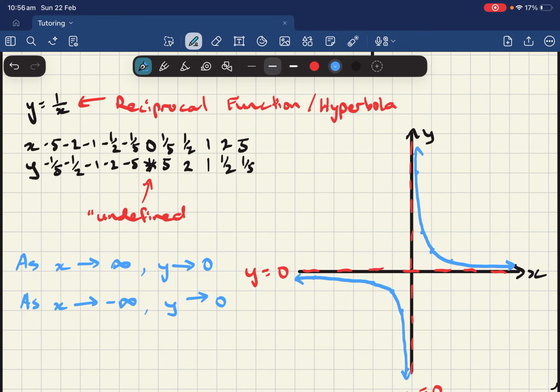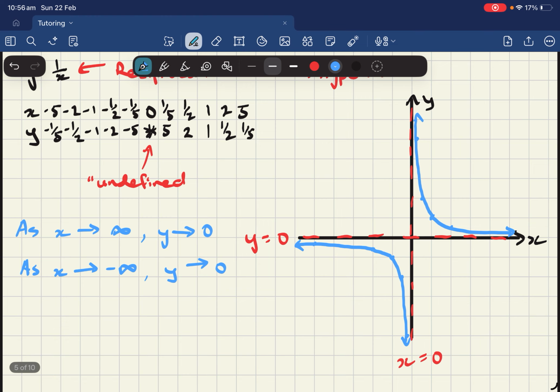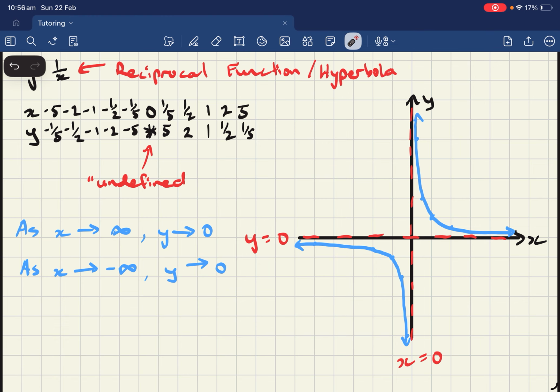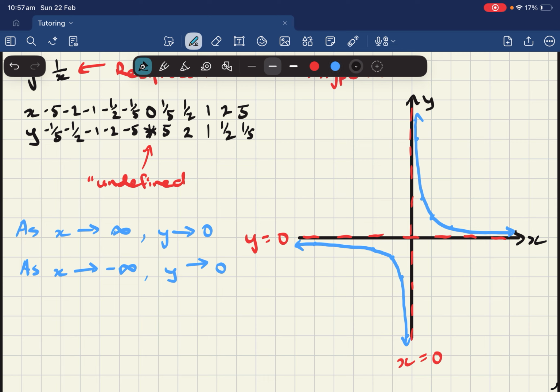Now, a couple of other ones that we notice. As x approaches 0 from the positive direction, y approaches positive infinity. So the smaller and smaller this x gets, closer to 0, y will get closer and closer to infinity. We're imagining, remember, really tiny values of x.